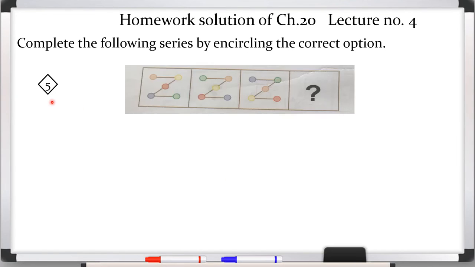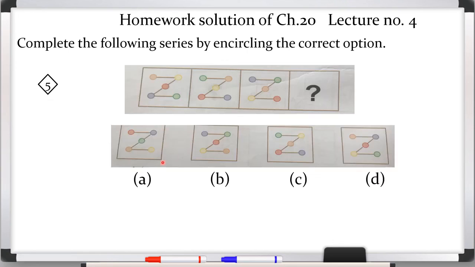Now question number 5. So here you can see that we have a Z shape and there are 5 circles in between these figures, but the only difference is the colors. So we will take one color and see what the changes in that color are. So here we will take this yellow color.